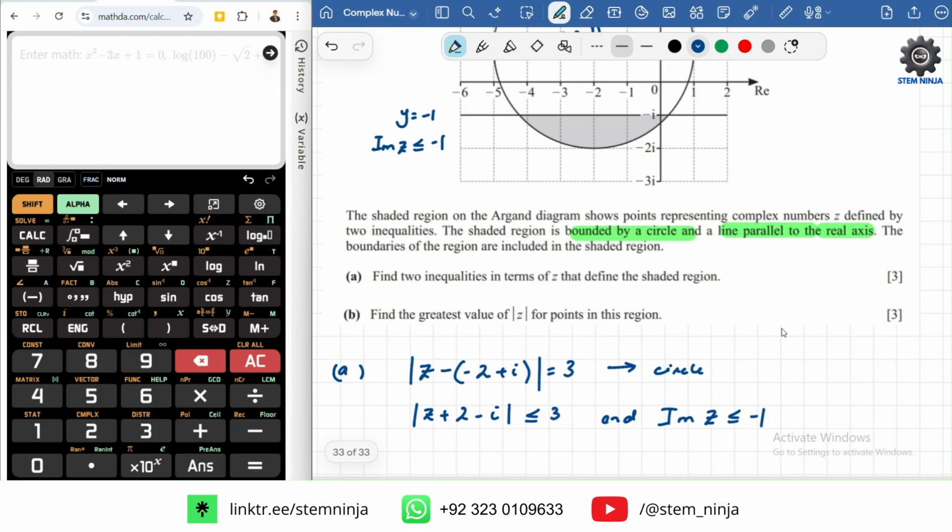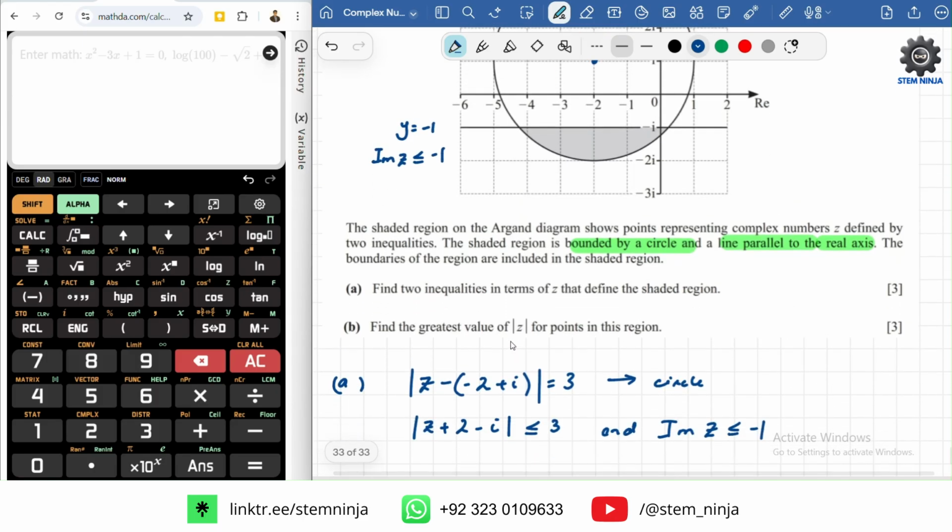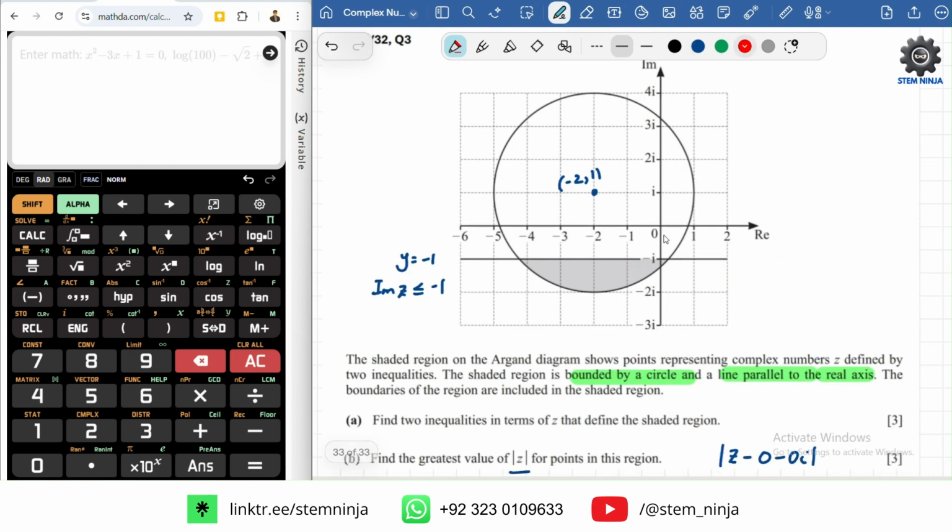Now find the greatest value of mod z for points in this region. Once again, mod z means length from origin. So we extend the lines from the origin and see where we are getting the maximum. Either it's this one, or this one, or maybe it's somewhere over here also.